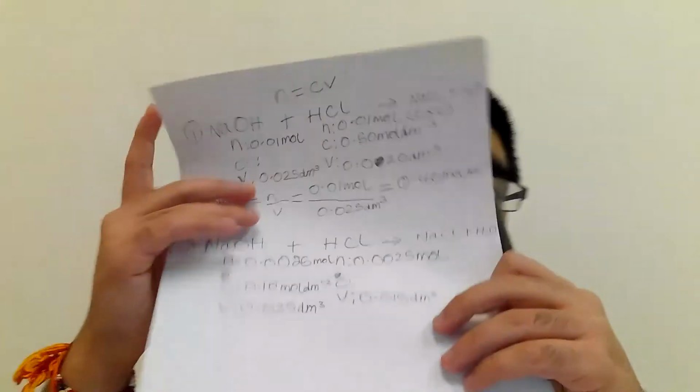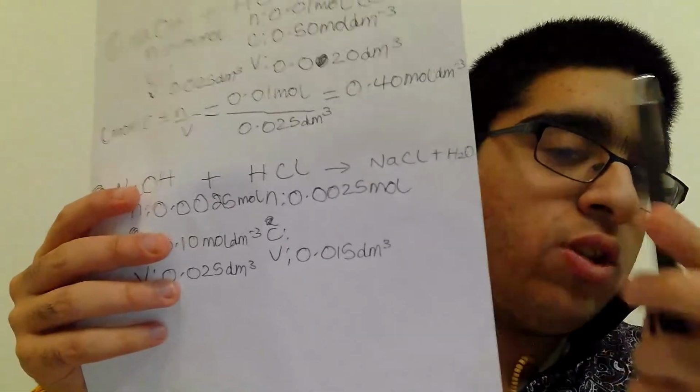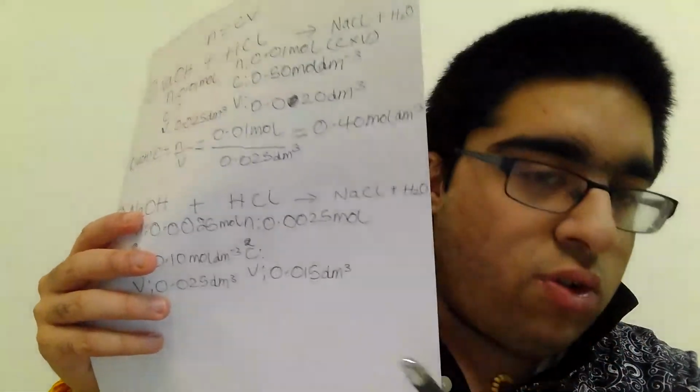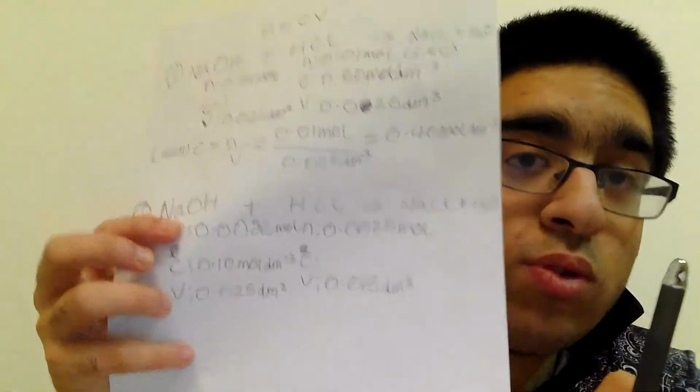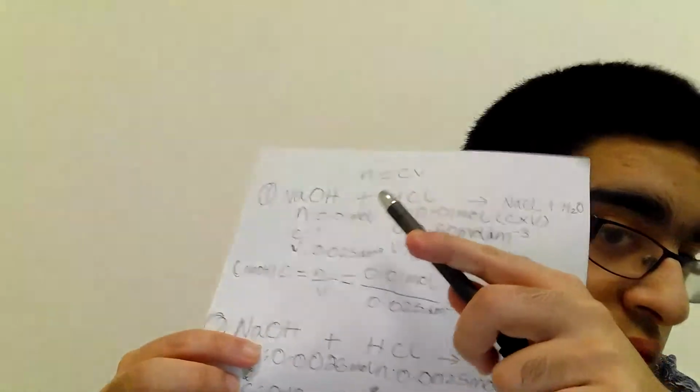Then we know that number of moles equals concentration times volume, so rearranging that to work out the concentration of hydrochloric acid in moles per dm cubed would be the number of moles divided by the volume, because remember n equals c times v.